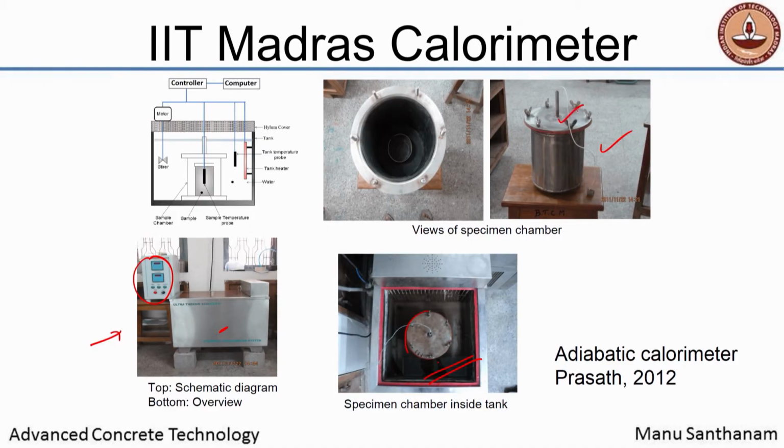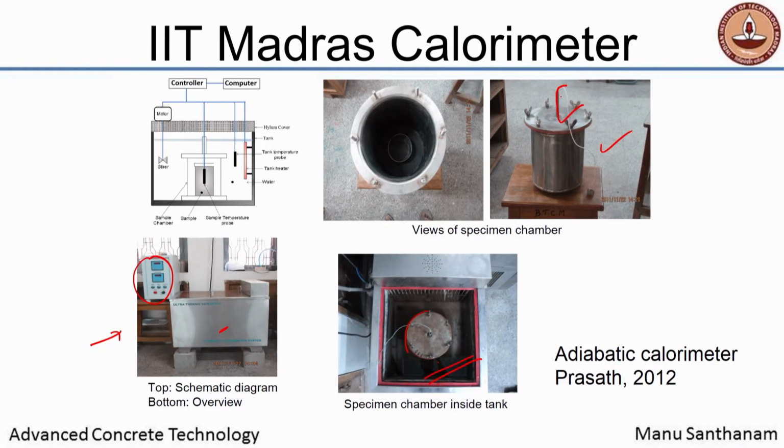So here, this is the top lid of the sample chamber. I do not have the sample container here; it is a very sophisticated container. It is a plastic cylindrical box which has a lid. All you do is, as soon as you mix your concrete, you put it inside the cylindrical container and close it.